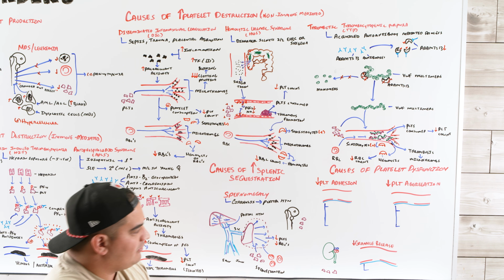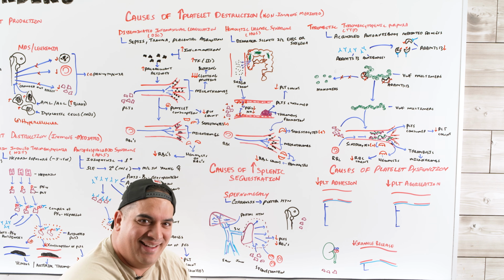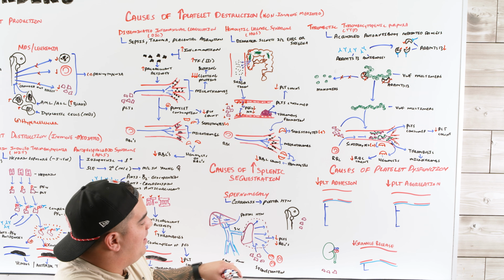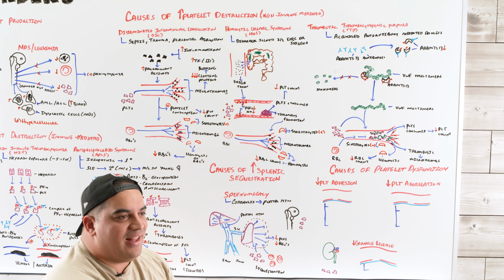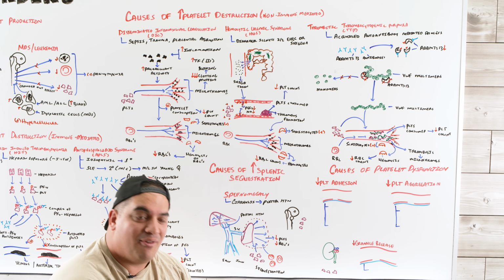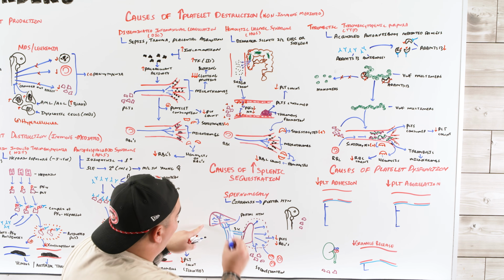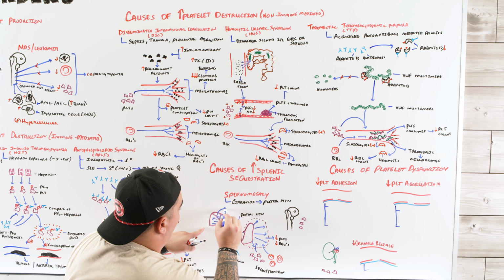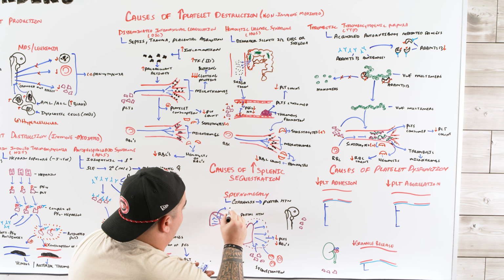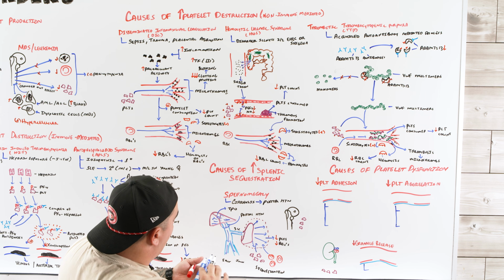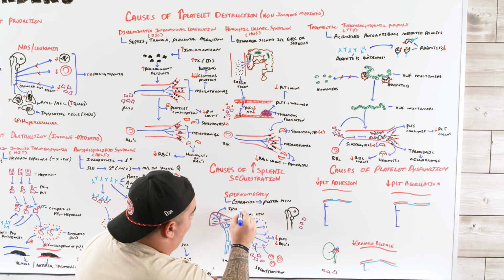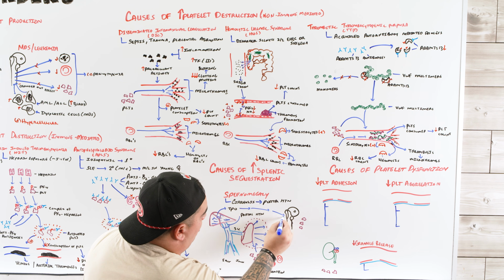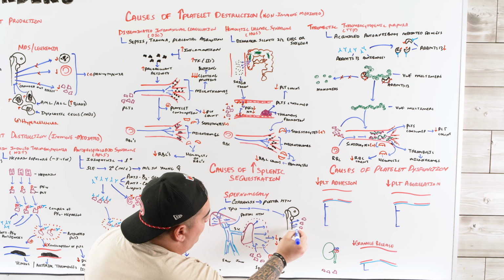Now, cirrhosis is interesting because oftentimes splenic sequestration via portal hypertension is not the only way that cirrhosis can cause thrombocytopenia. Funny enough, the liver actually makes a hormone called thrombopoietin, or TPO. And TPO is a very potent kind of stimulator or cytokine that goes to the bone marrow and tells it to make platelets.